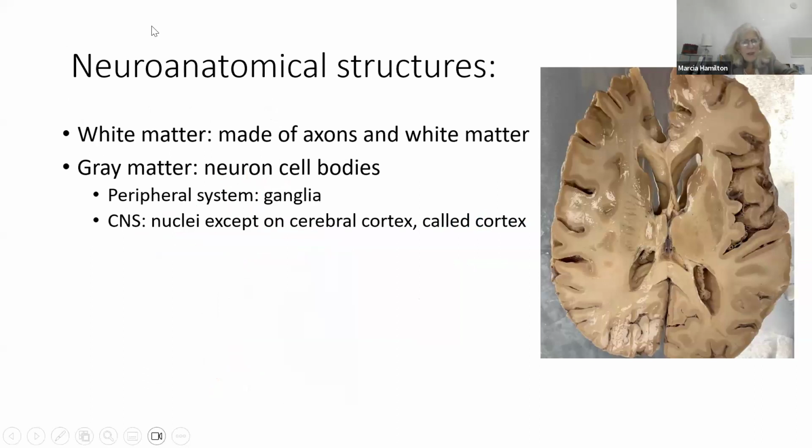So I'll go through just telling you what the structure is and what plane it is. Looking at this plane, we know this is an axial section of the cerebrum. So we have right and left cerebral hemispheres.